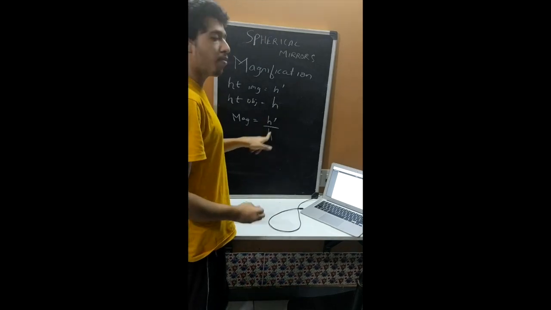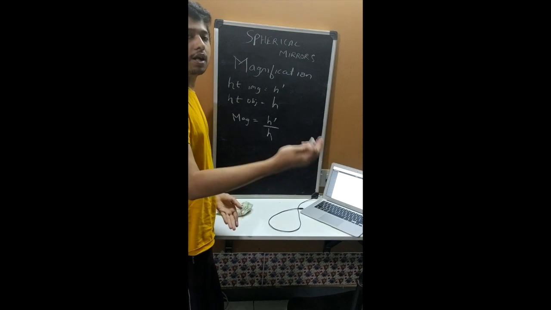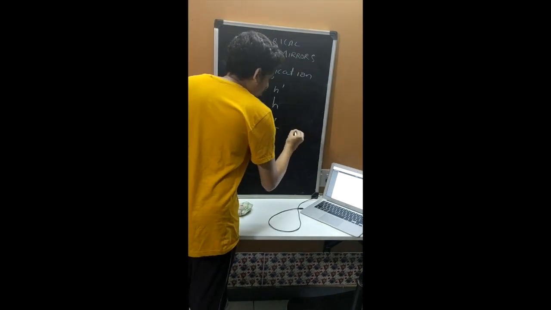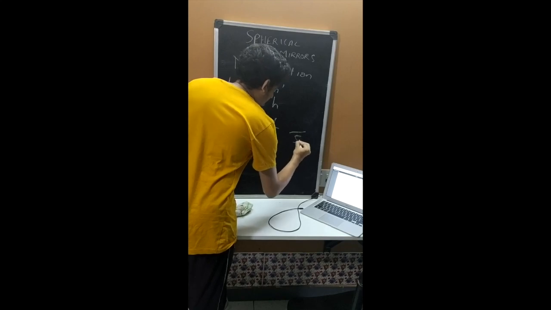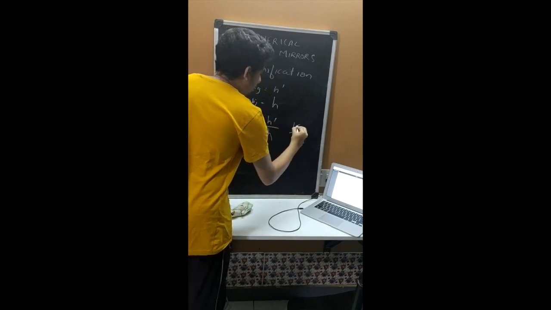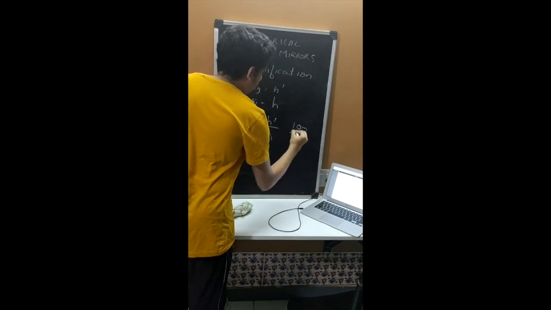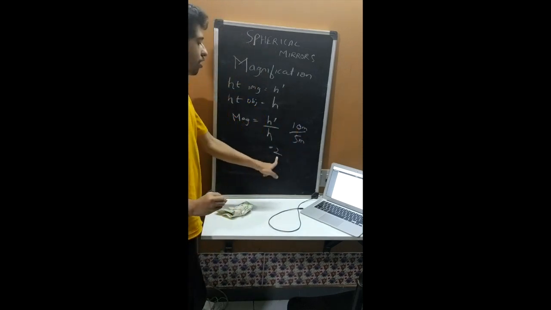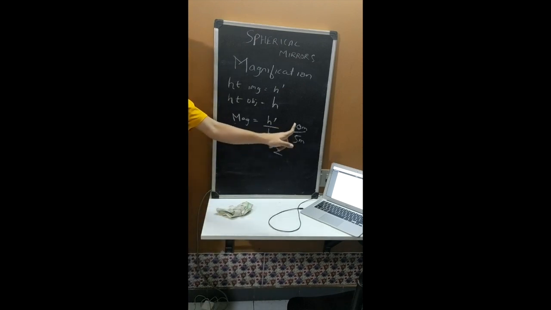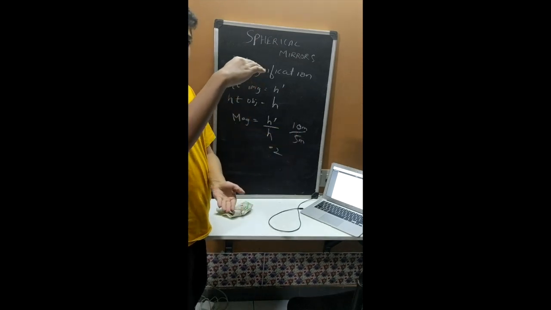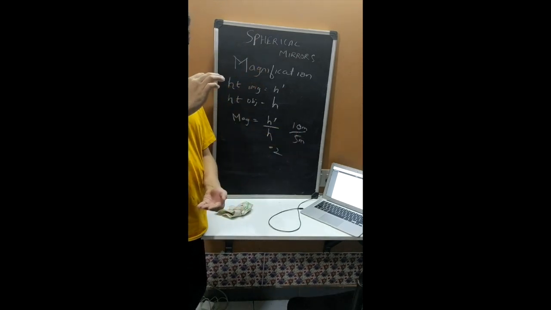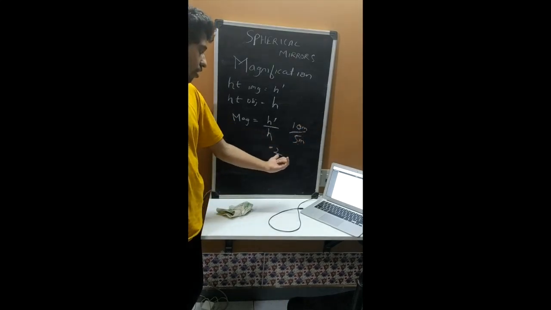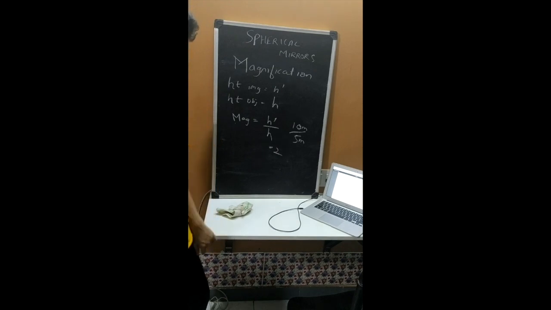So if the image is twice as big as the object, for example, if the object was 5 meters and the image was 10 meters long, then the magnification would be 2. If magnification is 2, it means the size of the object is only half the size of the image, or the size of the image is 2 times the size of the object.